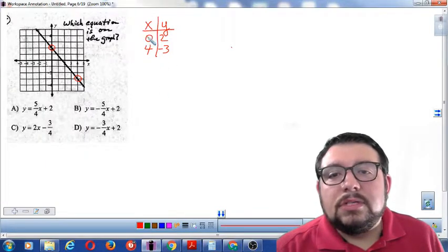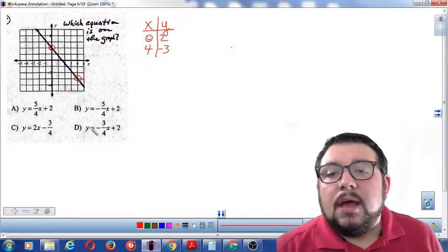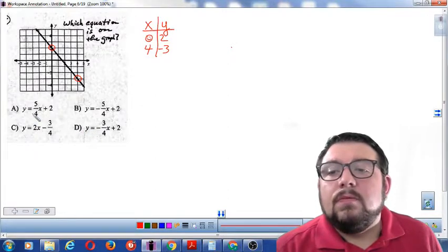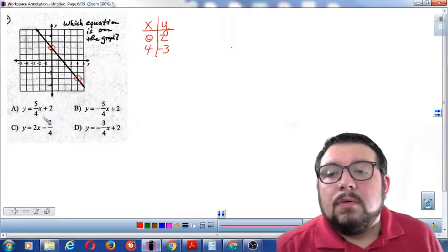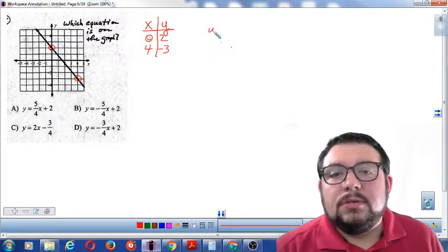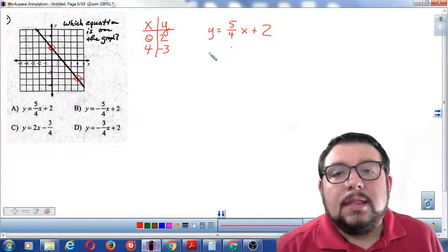Okay, so let's get started here. The first thing you should do is look for the number 0. That's always very convenient. Okay, and what we can do is look at what would happen when I put 0 in for x. Well, here, if I substitute, I'm going to put y equals 5/4 x plus 2. And then I would have here the y I will replace with parentheses and put a 2.